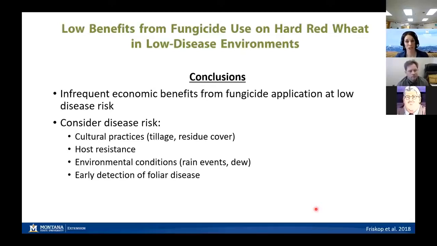What are the environmental conditions? Have they been conducive lately to promote disease? So has it rained a lot? Have I seen a lot of dew on my foliage that would promote the pathogen spores to germinate and infect? And how early in the season do you detect this disease and how fast does it spread? So these are all things that can help you in this decision process.